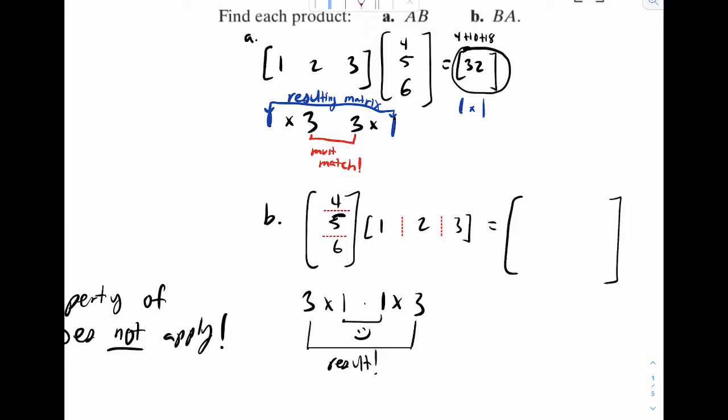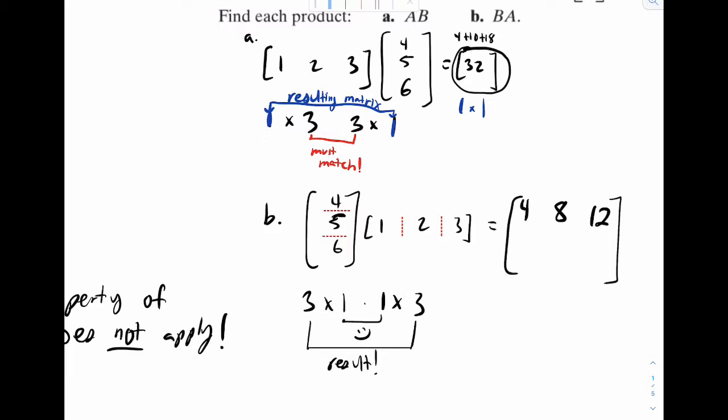And now we're starting to see what's going to happen, right? In order to get this top left, I'm going to use top and left. That's going to be 4. If you want this top middle, use top and middle. 8. Top right, 12. Let's say you want this one, right?